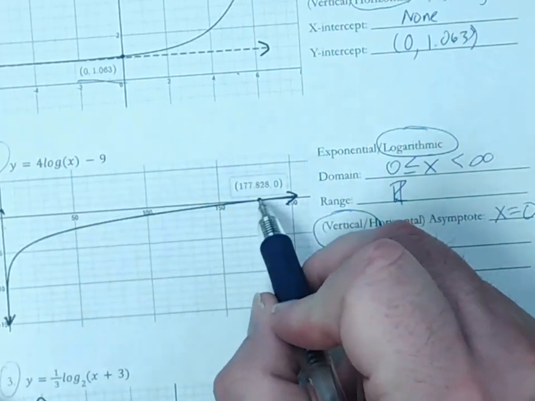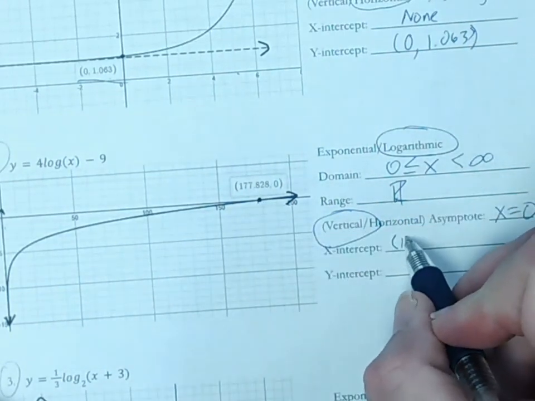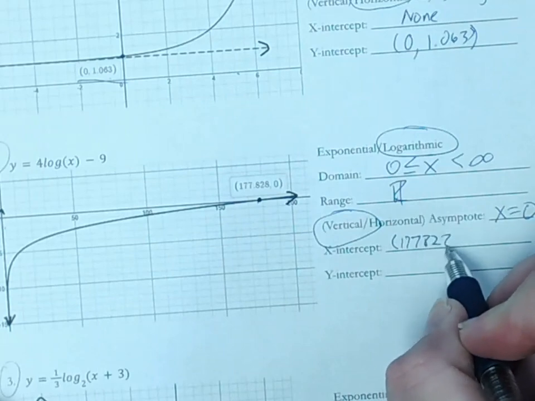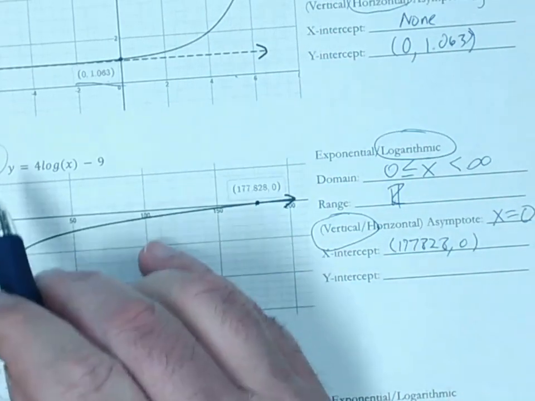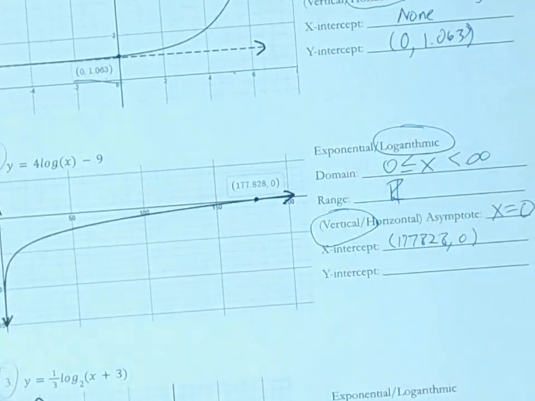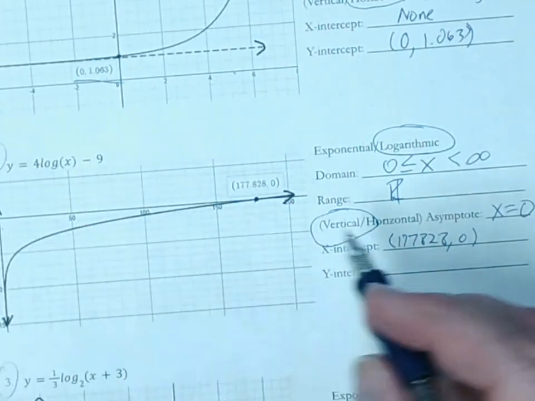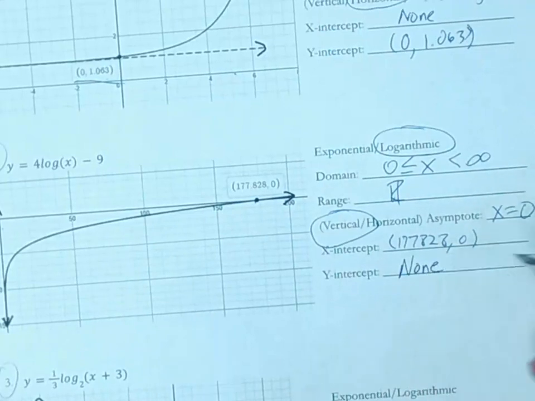The x-intercept is right here. That's a big number, 177,828, 0. And since the vertical asymptote is the y-axis, this will never cross the y-axis, which means there is no y-intercept.